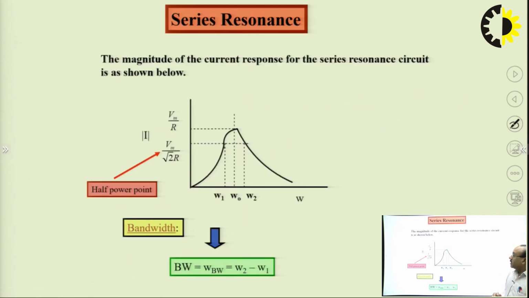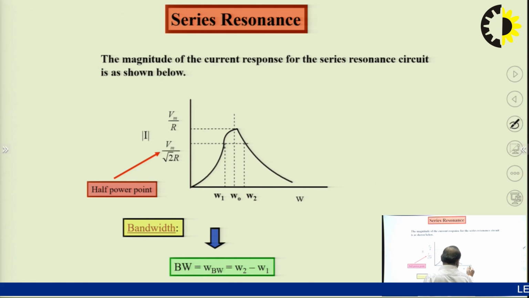Further, this is the graph between the frequency and current in a series RLC circuit. When frequency is minimum, like here at this point, the current is also minimum.